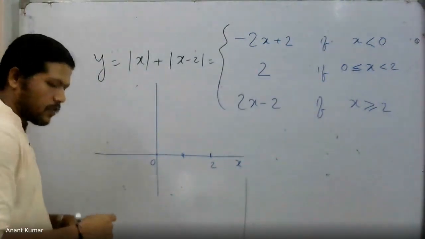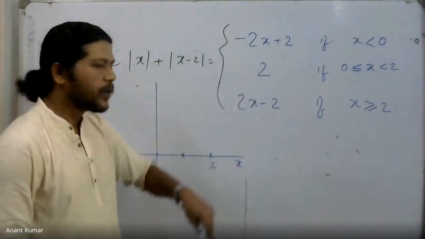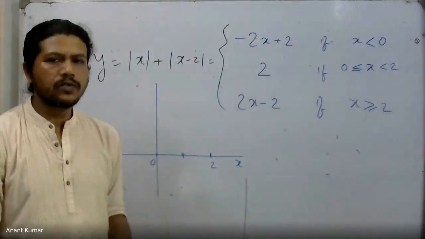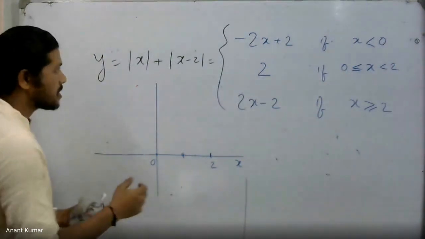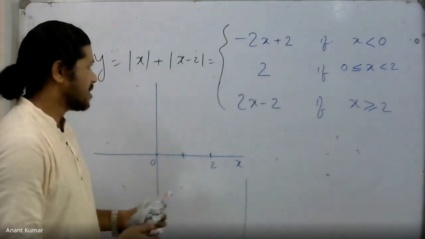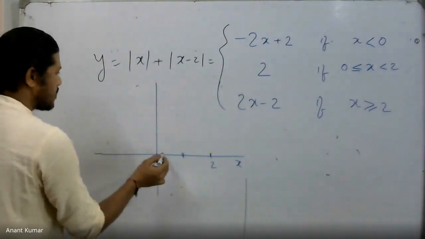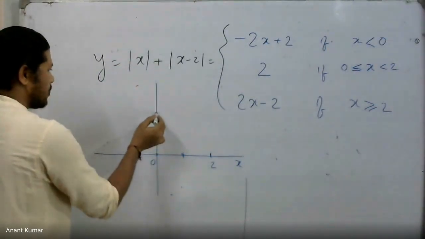So what happens for x less than 0? The equation is y equal to minus 2x plus 2, which is a line. It has a slope of minus 2, by the way. If I put x equal to minus 1, I'm going to get 4 actually. So the slant is basically going to be like this.